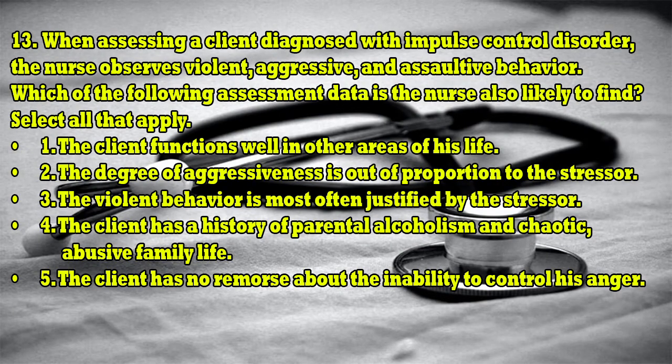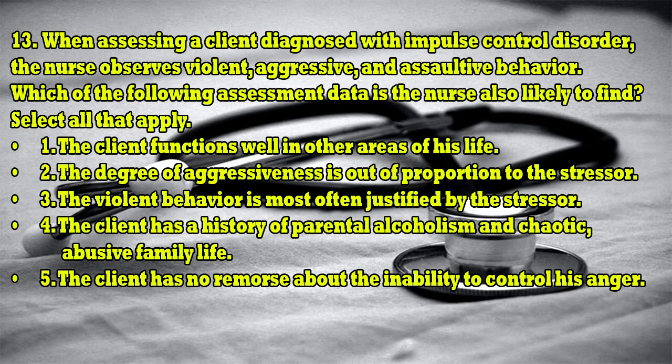When assessing a client diagnosed with impulse control disorder, the nurse observes violent, aggressive, and assaultive behavior. Which of the following assessment data is the nurse also likely to find? Select all that apply. 1. The client functions well in other areas of his life. 2.